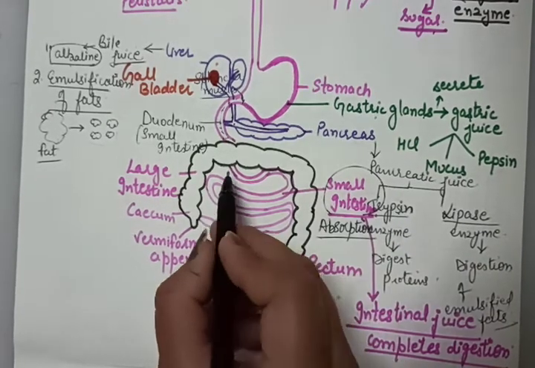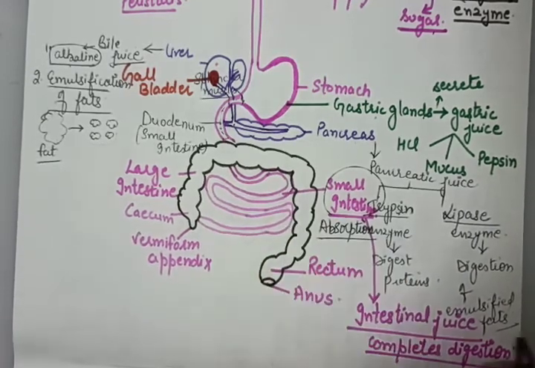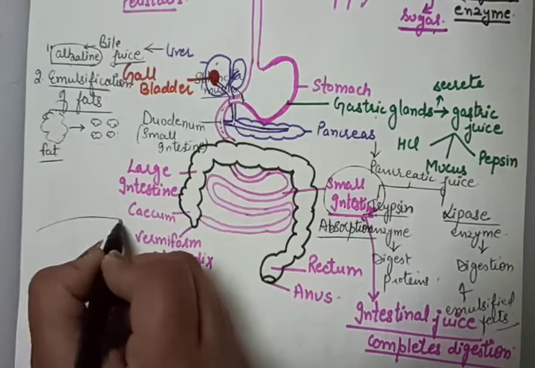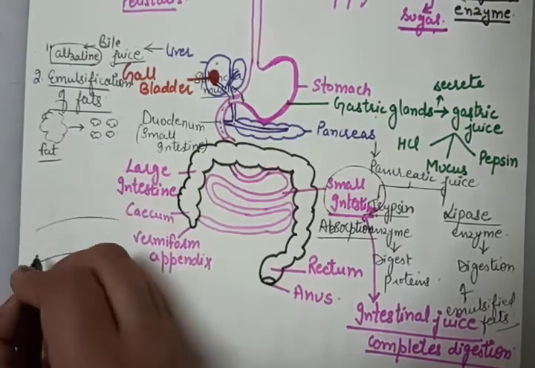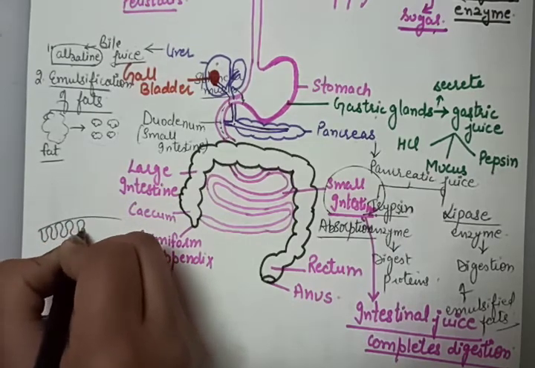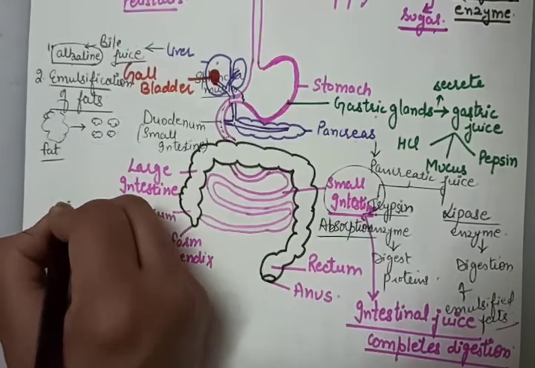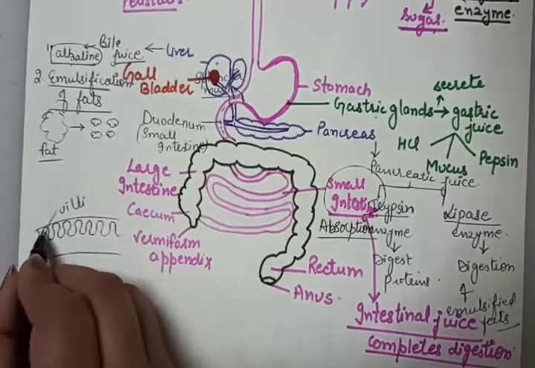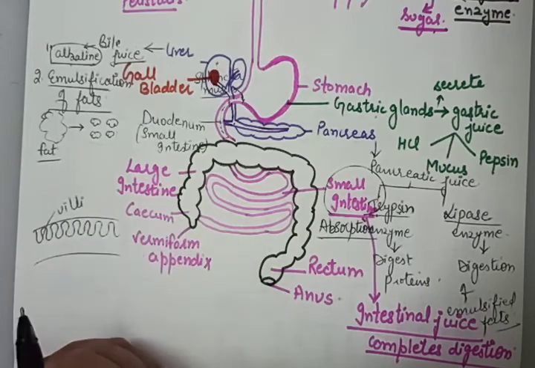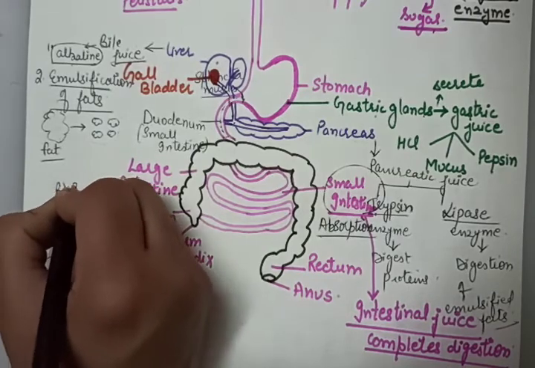So the process of absorption occurs here in the small intestine. As you have studied in lower classes also, the walls of the small intestine have finger-like projections called villi. These villi increase the surface area for maximum absorption of the food, and they are richly supplied with blood vessels.